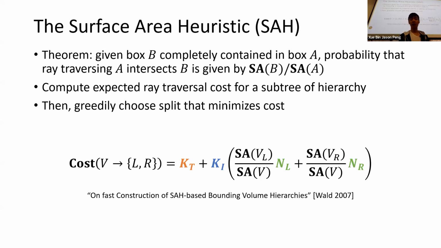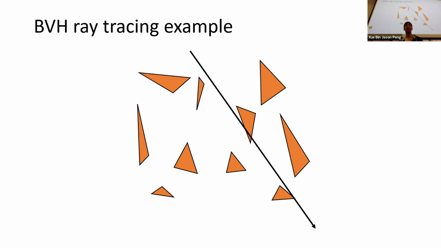Okay. Now, once you have constructed a BVH, let's take a look at how we use a BVH to perform ray intersection tests. In this example, we have a scene with a bunch of triangles. And let's say we cast a ray that passes through the scene in this particular direction. We now want to use a BVH to detect the closest intersection with our ray.